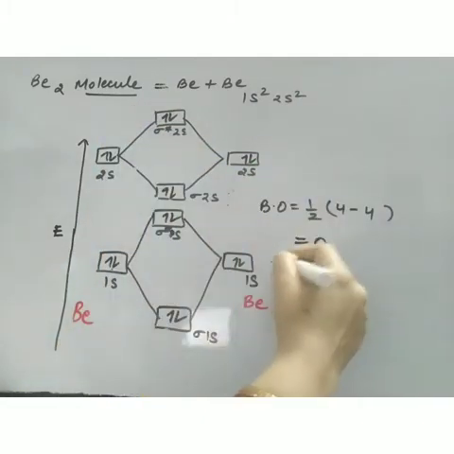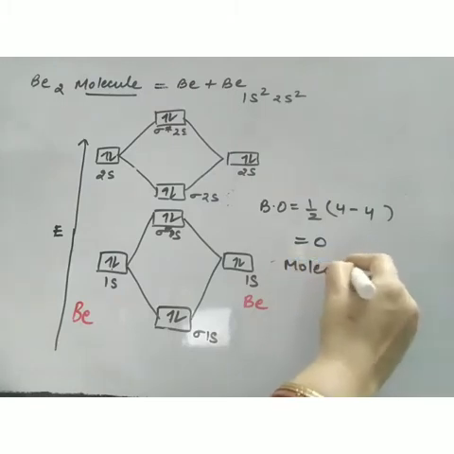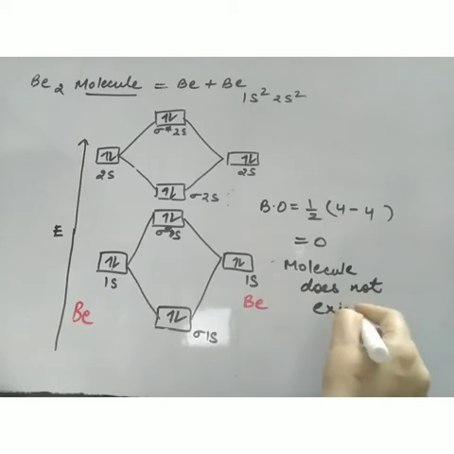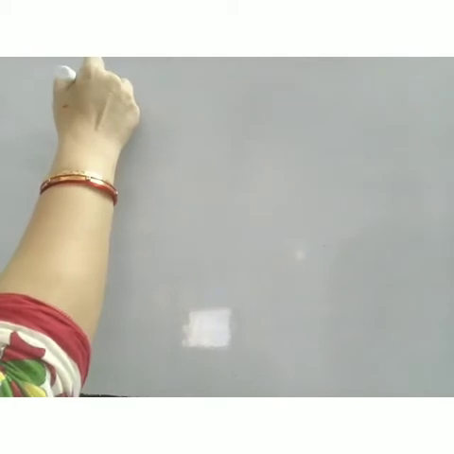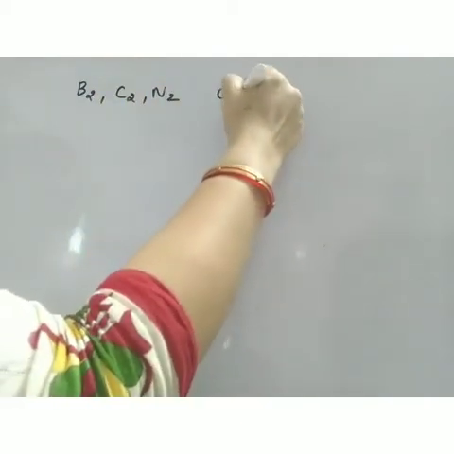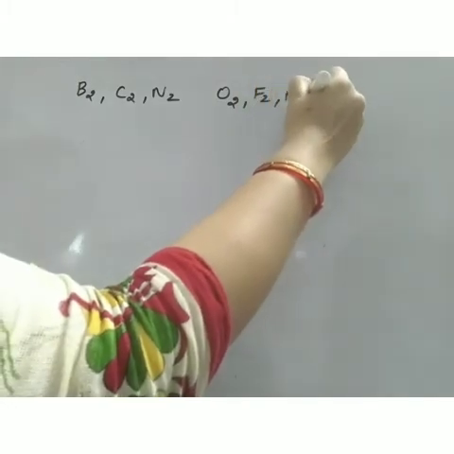So the bond order is 0. It means the molecule does not exist. When the bond order is 0, the molecule does not exist, so there is no need to write its configuration or find its magnetic nature. Now the remaining molecules are B2, C2, N2, O2, F2 and Ne2.